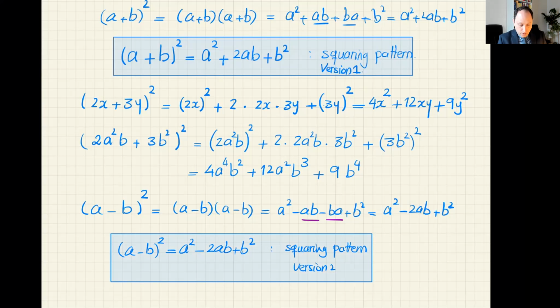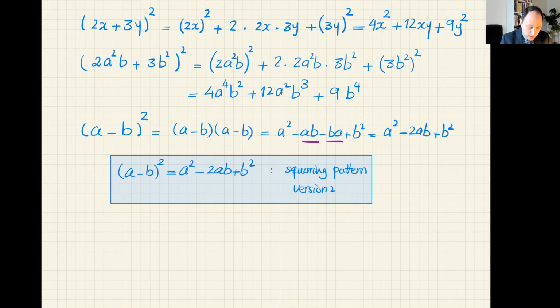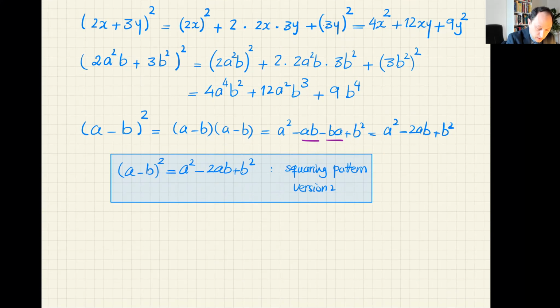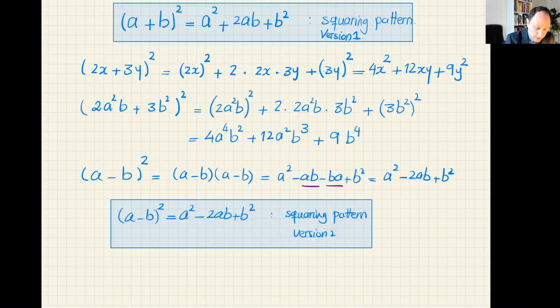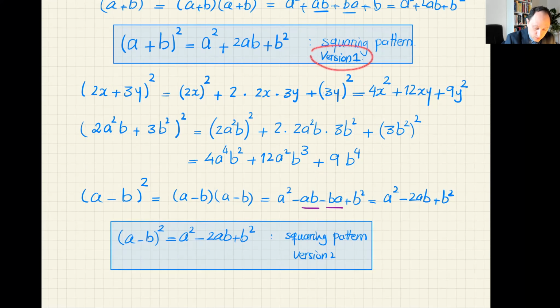Okay. So this is useful if I have the sum of two terms, I want to square it. This is useful if I have the difference of two terms, I want to square it. This is also, I think, instructive if you see, how can I use version 1 to conclude version 2?